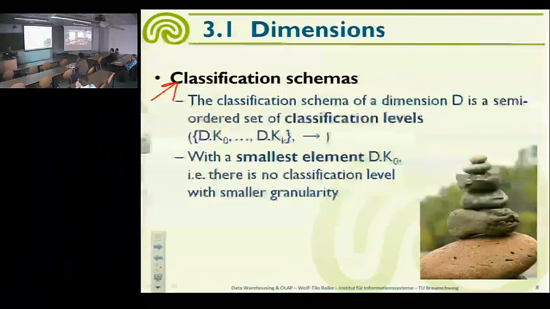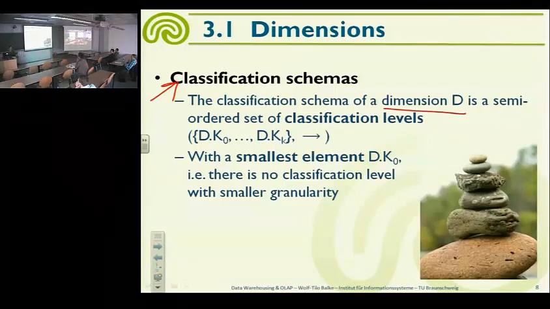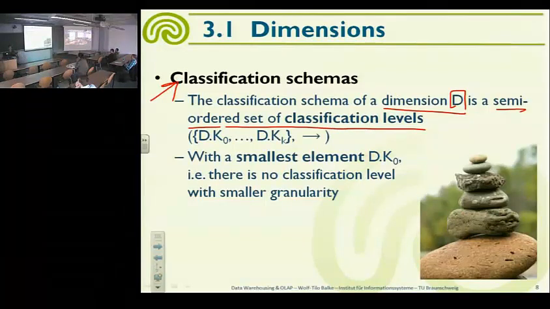So the classification schema holds a list of all of your dimensions and all the classification levels that you have. If you have a dimension D, we say it is a semi-ordered set of classification levels. It is a semi-ordered set because you might have different patterns.